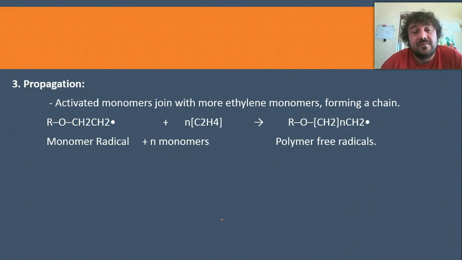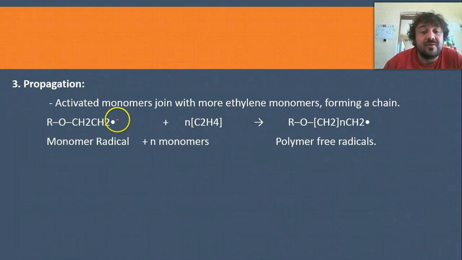Then we have propagation. That's when the monomer radical collides, and this is why it's done at a high temperature and a high pressure, so that more collisions will occur. It collides with more monomers, and this free radical here breaks the bond.